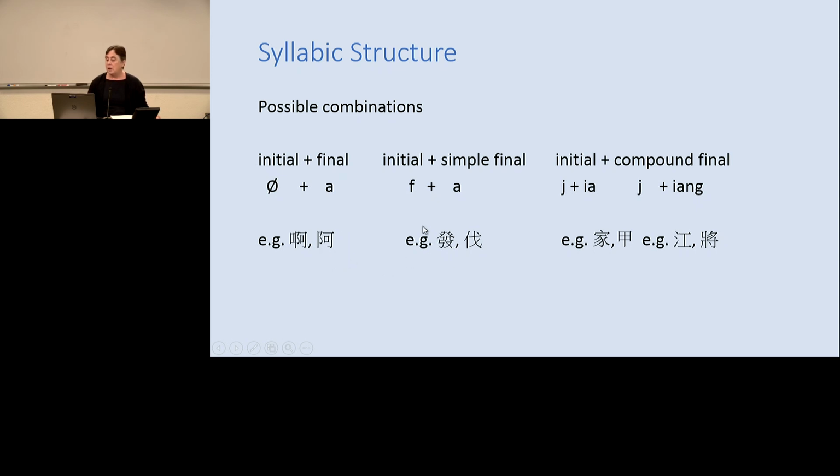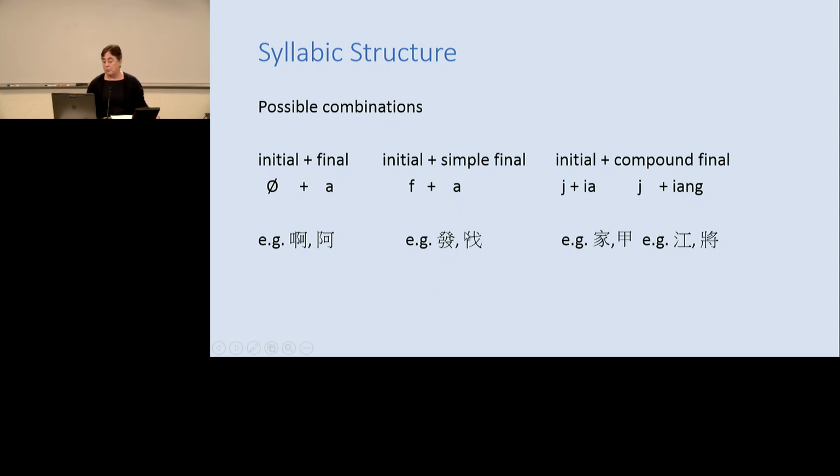Okay, another possibility would be an initial, that's a consonant, with a simple final. And remember, there are 6 of them. We'll be talking about those in a later lecture. One possibility would be the sound f, and the simple final a. We can add characters that go with it, but also then that will give us a tone.